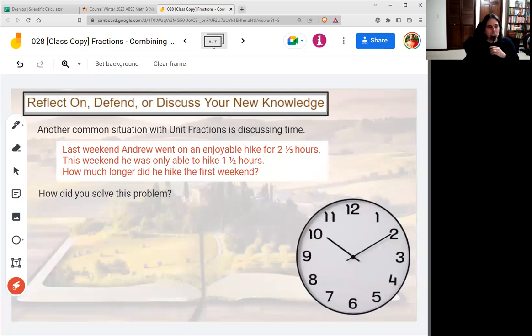Another common situation with unit fractions is discussing time. Last weekend, Andrew went on an enjoyable hike for 2 1/3 hours. This weekend, he was only able to hike 1.5 hours. How much longer did he hike the first weekend when he had more time? How would we figure that out?